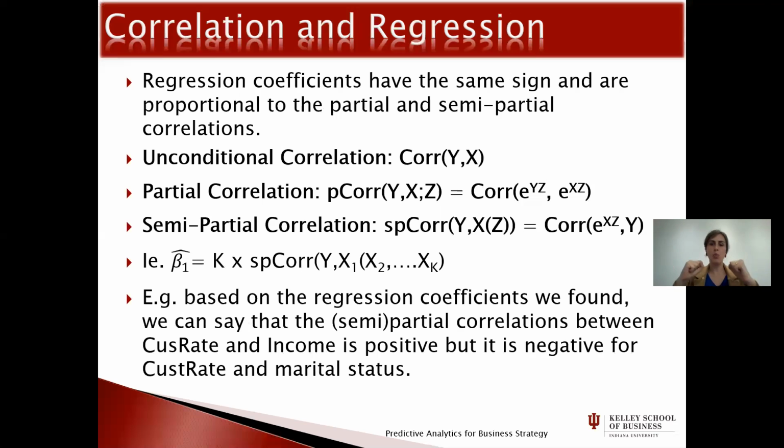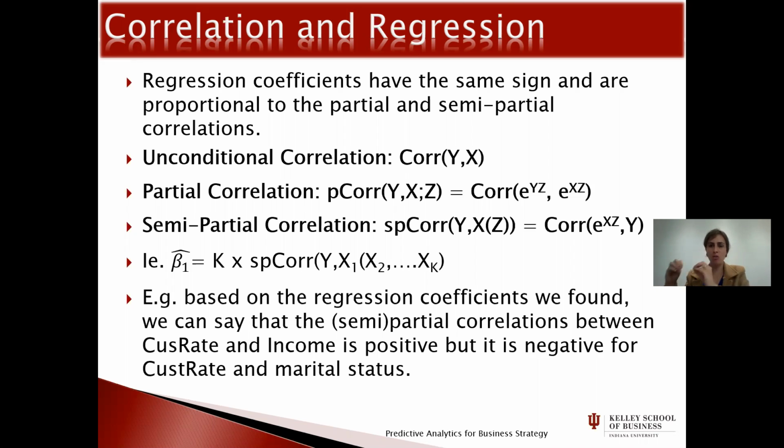But let's say you want to control for a third variable. You want to see how customer rating and income move together, but not accounting for movements that are due to a third variable, Z. Let's say you want to isolate the effect of age; you don't want age to be driving those movements.